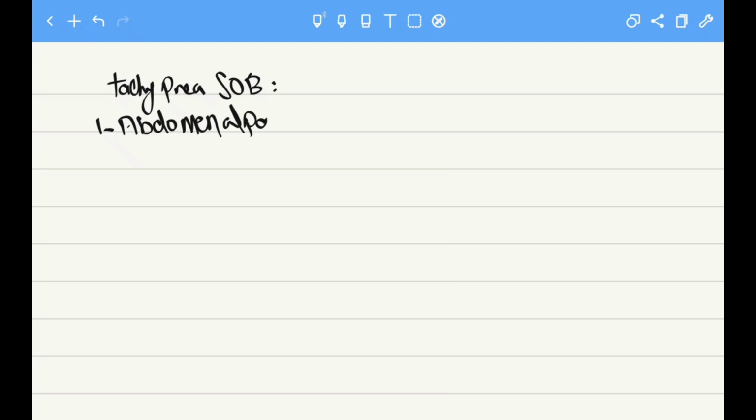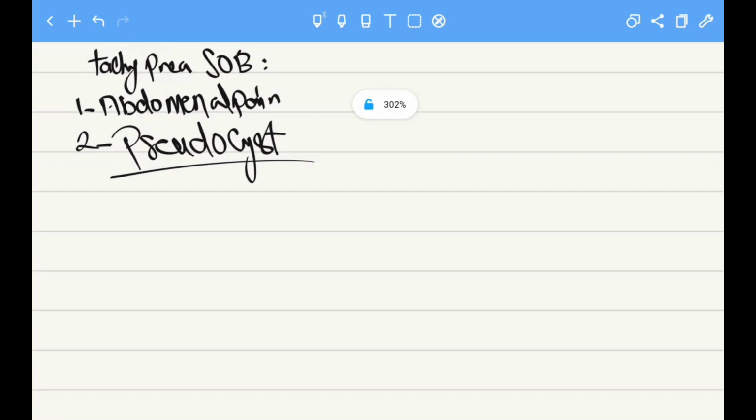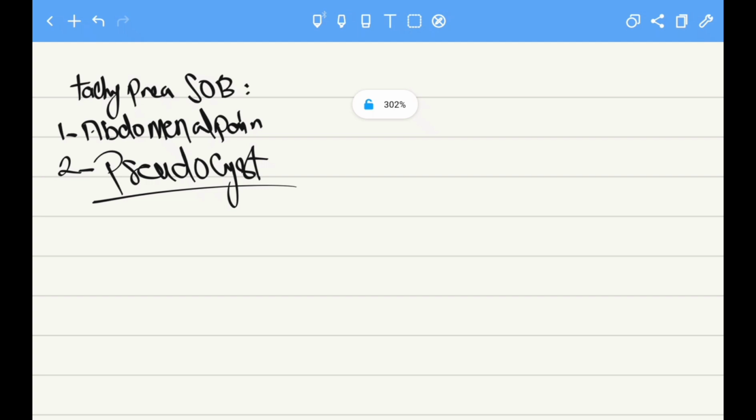Okay, can you tell me why the patient will come with tachypnea and shortness of breath? Due to, first, abdominal pain. Second, there is pressure from something called a pseudocyst. A pseudocyst comes from the inflammation of the pancreas, so it will form a pseudocyst after inflammation.